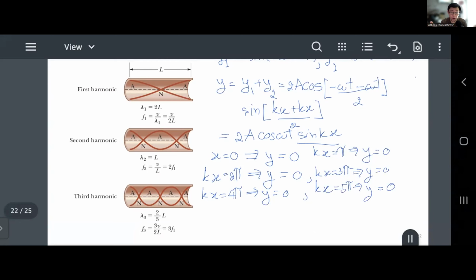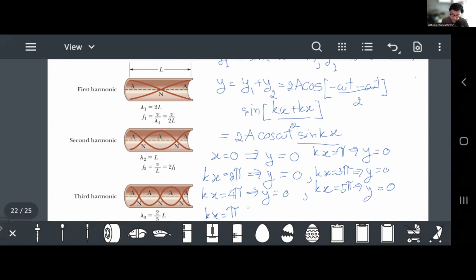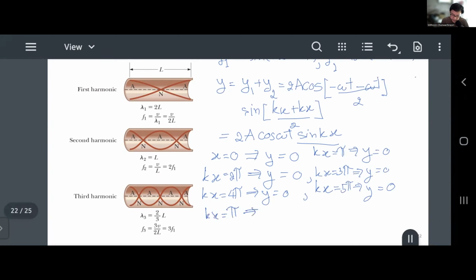And if I want, I can calculate for you exactly where: x equal to 0, x equal to 2 pi over k, x equal to 4 pi over k, on and on. But if I look carefully, kx equal to pi means 2 pi over lambda times x is equal to pi.